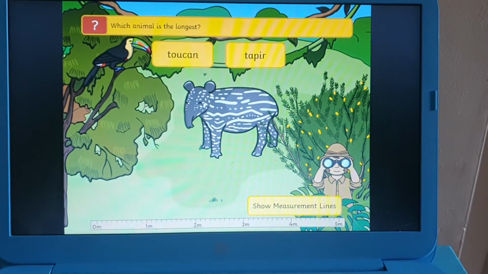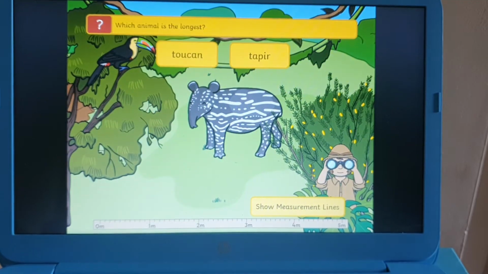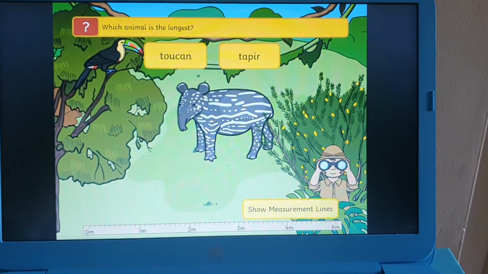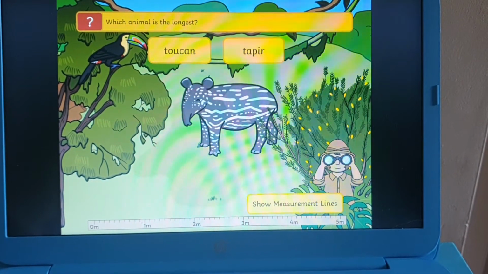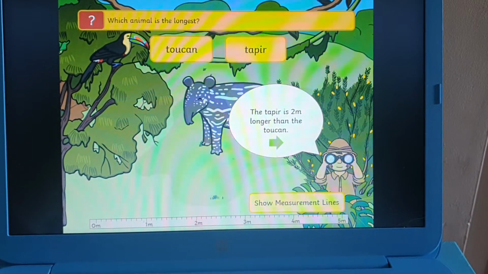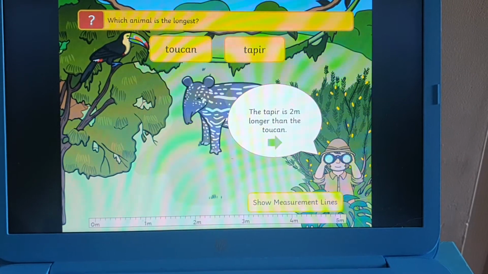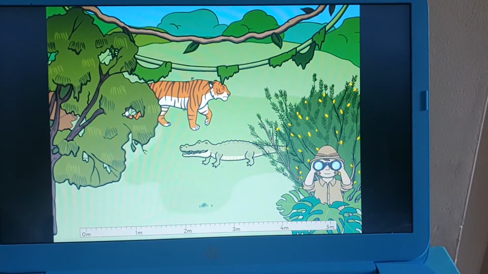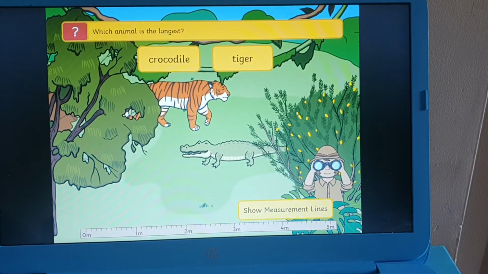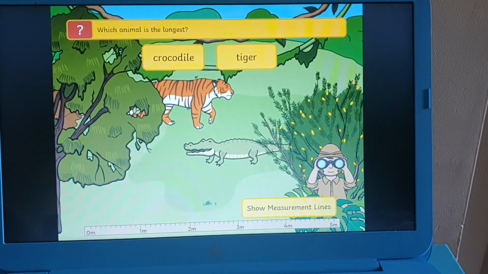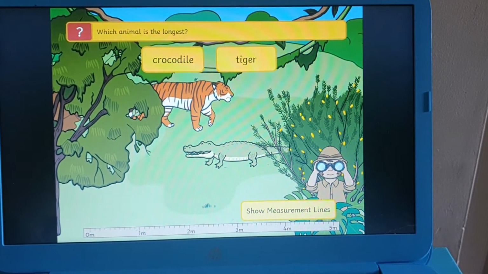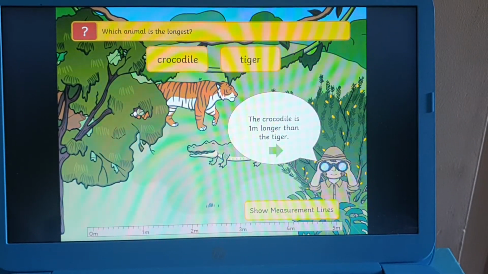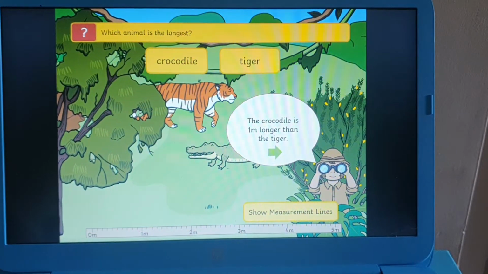Which animal is the longest? The toucan or the tapir? The tapir is 2 metres longer than the toucan. Which animal is the longest, the crocodile or the tiger? The crocodile is 1 metre longer than the tiger.